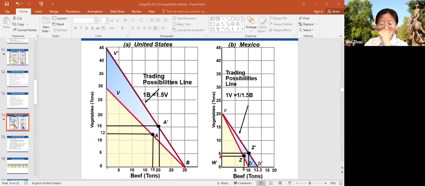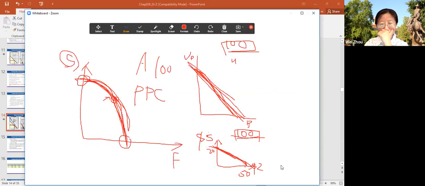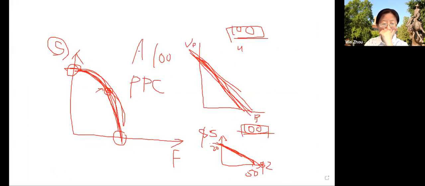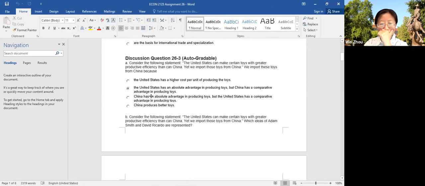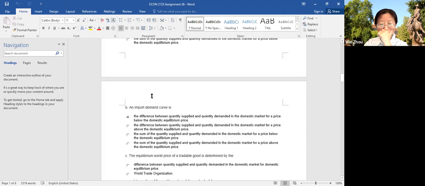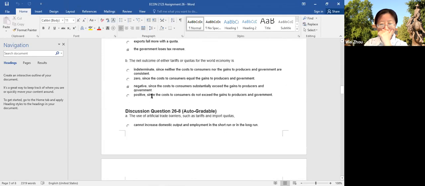If it takes forever to open, I don't know how I can share it. Okay, it's open, it's here, good. Very good. So let's share here. Forget about the discussion question. Where is the calculation?